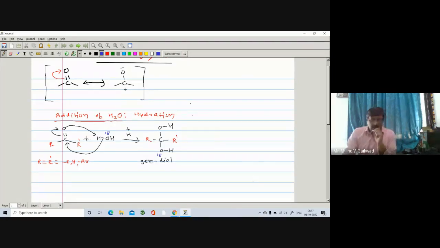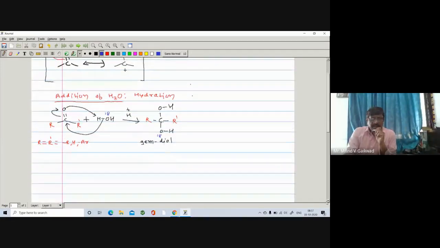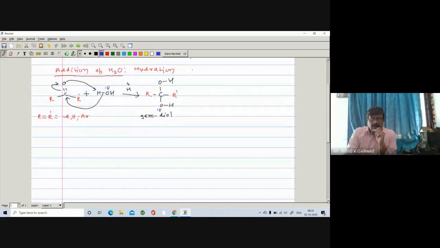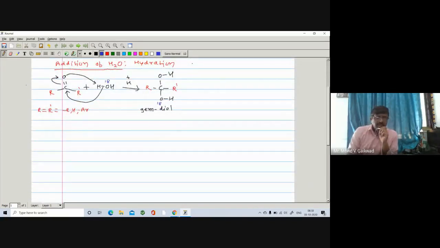Let us see what the mechanism of this reaction is. You have two types of mechanism, one is acid catalyzed, the other is base catalyzed. So let us see the mechanism of this reaction. All the mechanisms are nearly the same.